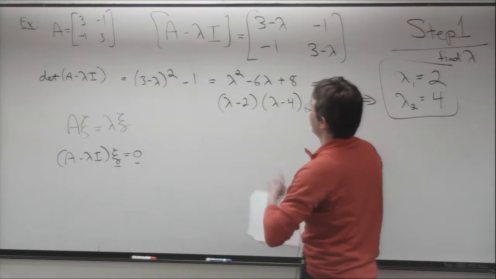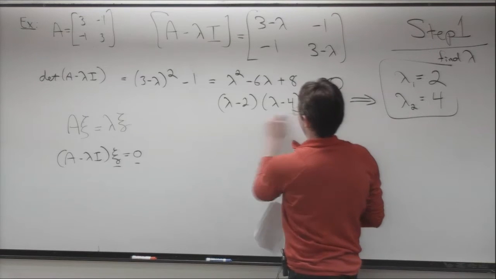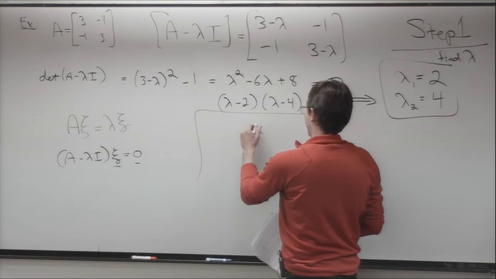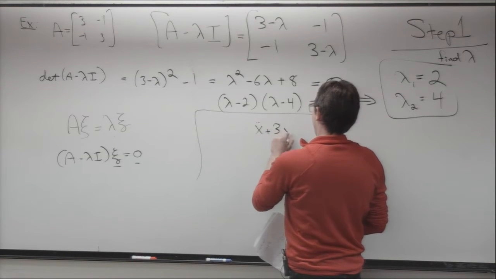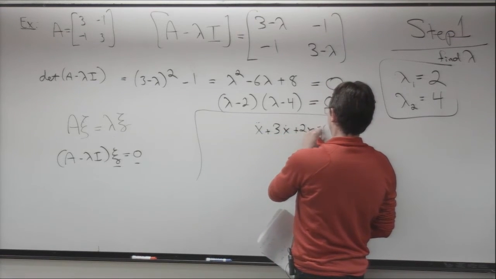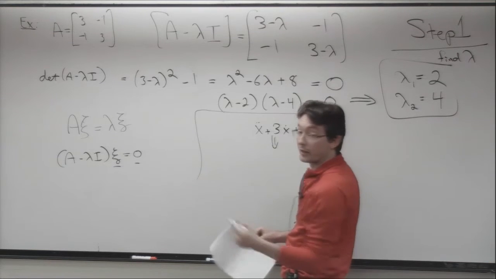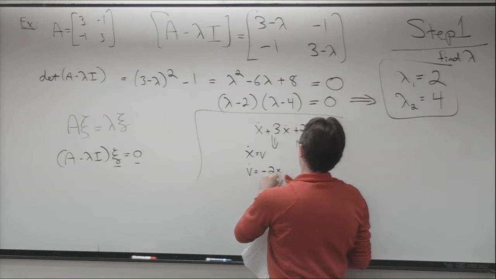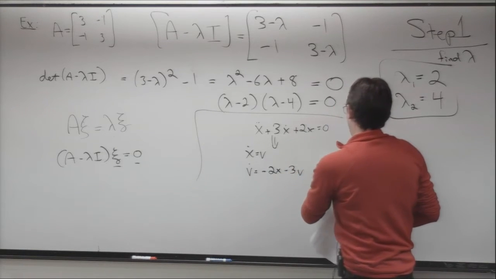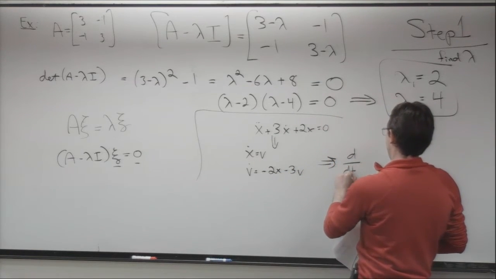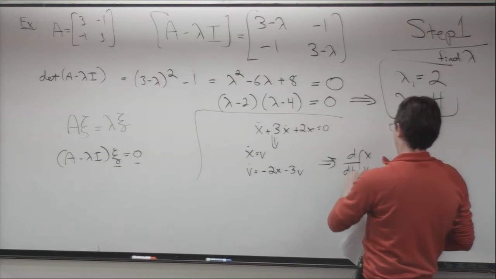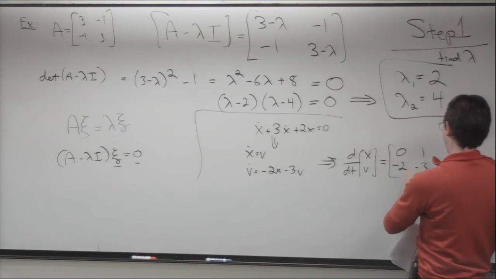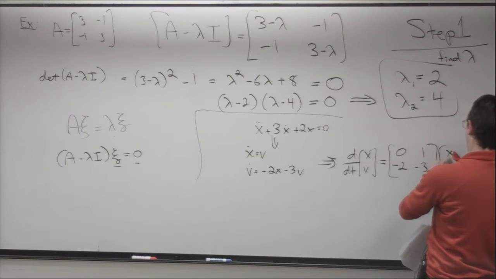So you could try this for the system. In fact, this is a homework problem. A lot of the homework problems are based around this. We had a differential equation x double dot plus 3x dot plus 2x equals 0. And I could write this as x dot equals v, v dot equals minus 2x minus 3v, which is a system of equations d/dt of [x, v] equals a matrix [0, 1; -2, -3] times [x, v].